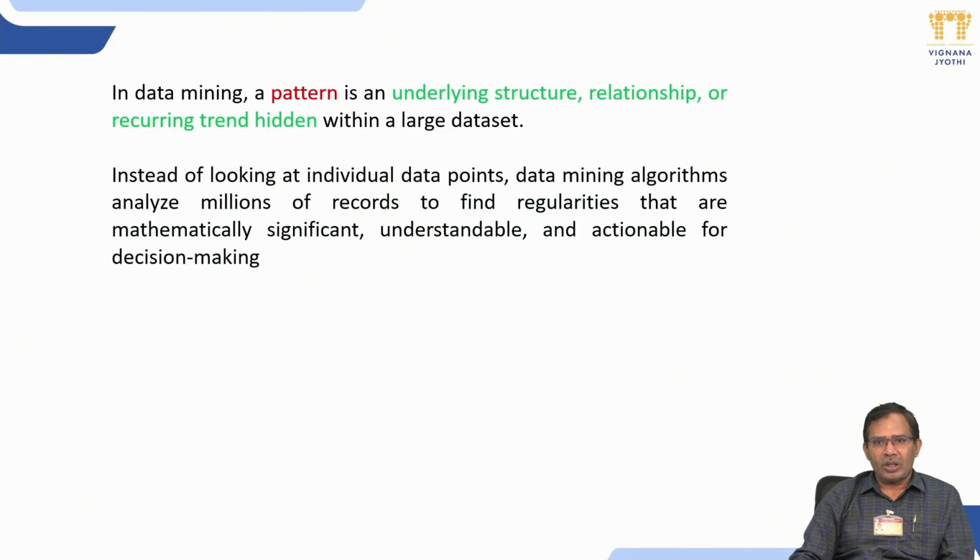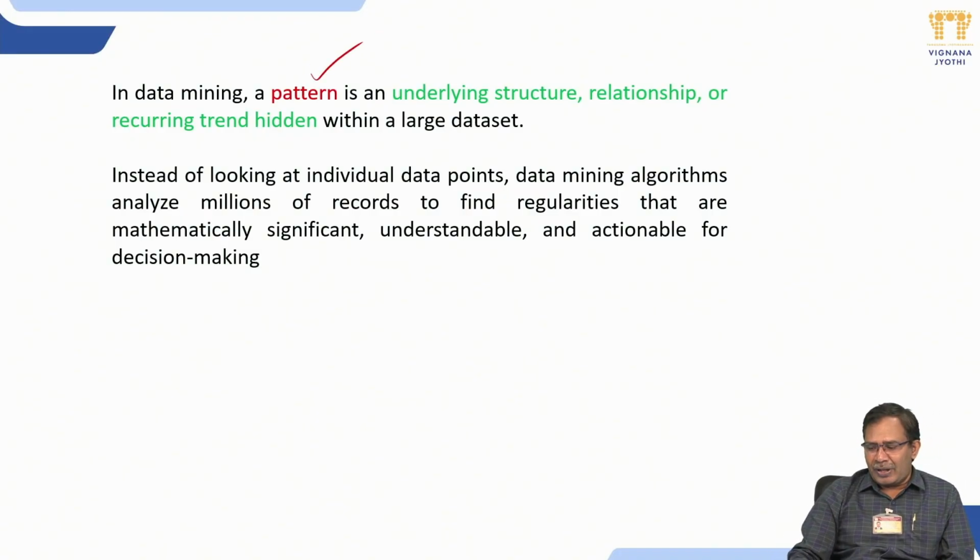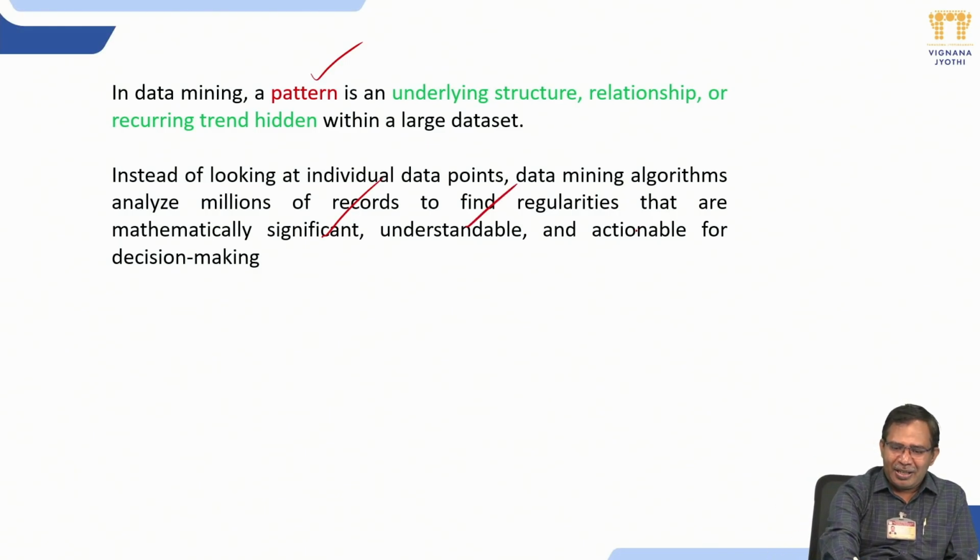smoothless services. Here, in data mining, there is an important keyword called the pattern, which is an underlying structure, a relationship, a recurring trend. This pattern carries weightage in this aspect. Instead of looking at individual data points, data mining algorithms analyze millions of records to find regularities that are mathematically significant, showing interest and meaning, and giving information that is understandable, interpretable and actionable for decision making.